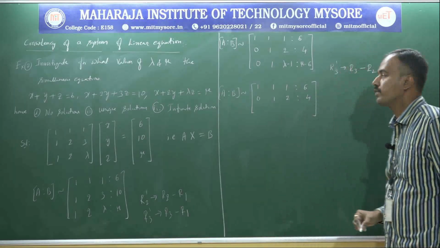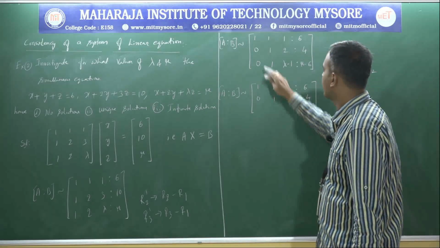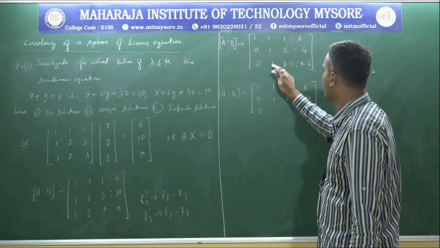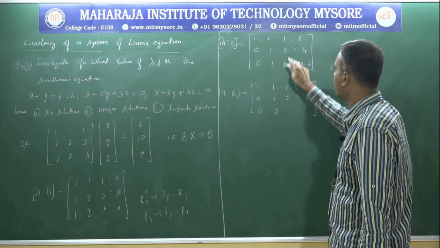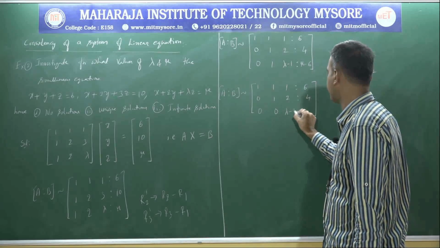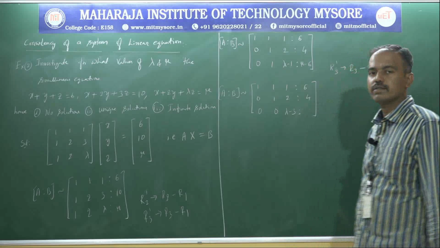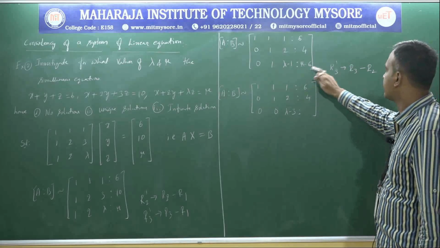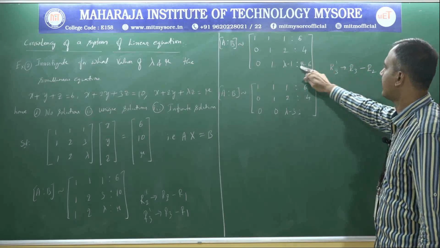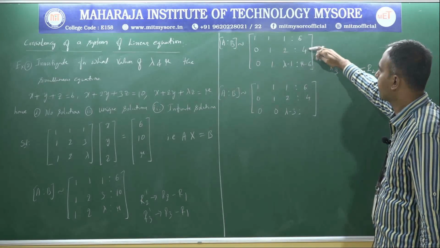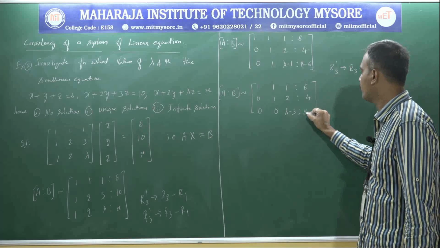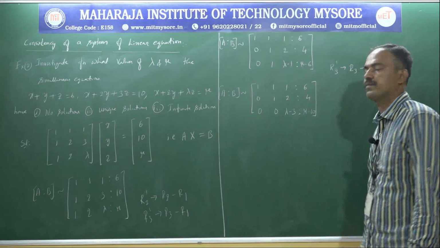Next, 0 minus 0, 1 minus 1, 0. Then lambda minus 1 minus 1 gives lambda minus 2... that is, lambda minus 3. Then mu minus 6 minus 4, mu minus 10.